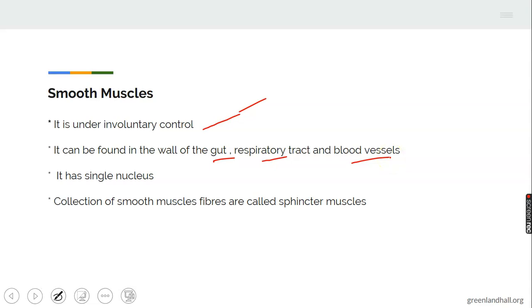When we say something is involuntary, you cannot control it. That is why you have it in the gut and the respiratory tract. It has a single nucleus. Collections of smooth muscle fibers are called sphincter muscles, when we have smooth muscles coming together, more than one.